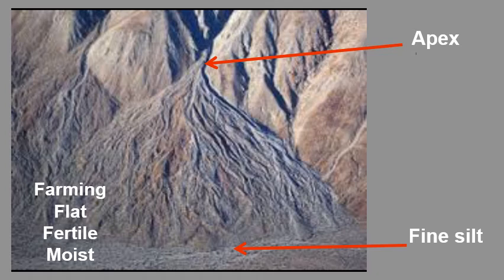Now I'd like to introduce you to a feature known as an apex. The apex is the narrow point at the start of the alluvial fan, where I've just drawn my red cross. Can you see how pointed it is?